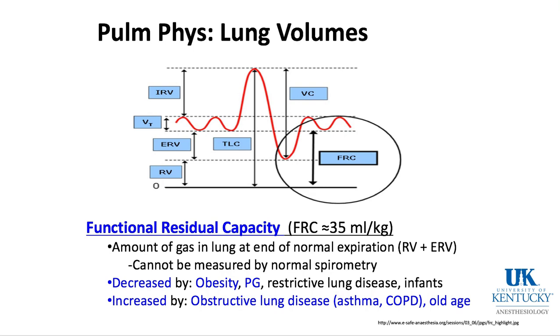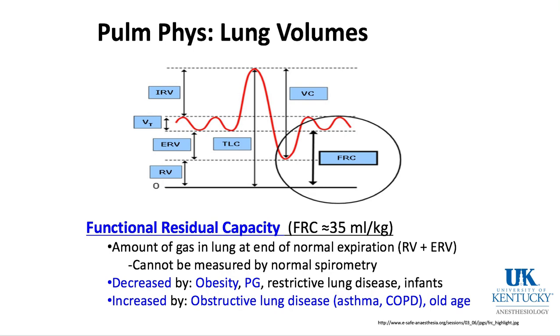So if you had 2.5 liters of FRC filled with oxygen in a patient who's now apneic, you've just put him to sleep with anesthetic agents, then you have 2.5 liters of oxygen, and if their metabolic rate is 250 mils a minute, that's 10 minutes before you theoretically use up all the oxygen. So you can see why you can go for an extended period of time of apnea, maintaining oxygenation if the FRC is filled with oxygen.